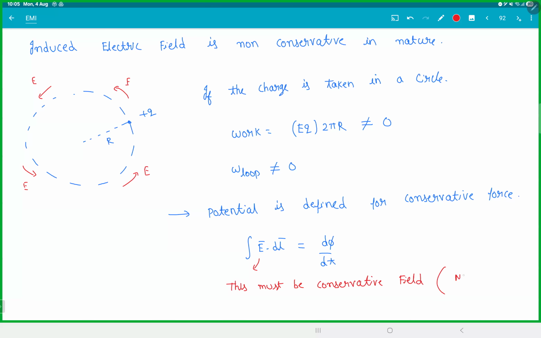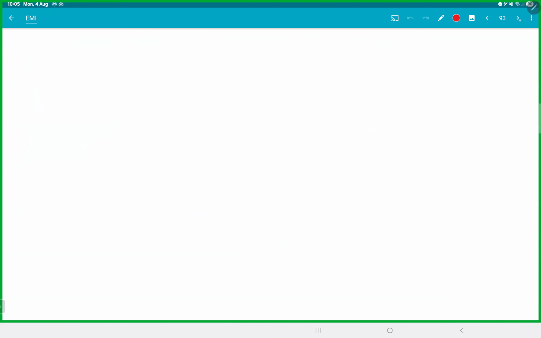And this is not an induced electric field. So what's happening exactly? Again, let's go back here. Let's say now you have a magnetic field, you got this non-conservative electric field.